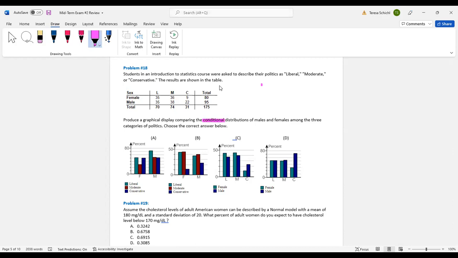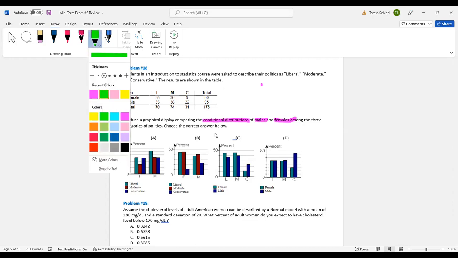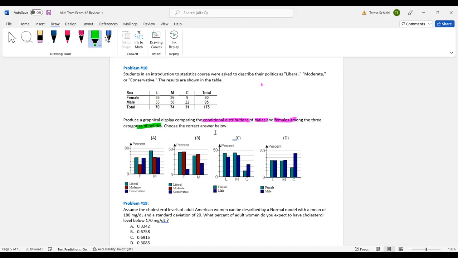Among these 3 categorical political views, I want to see, for the male and the female, is their political view liberal, moderate, or conservative? Are they independent or not?